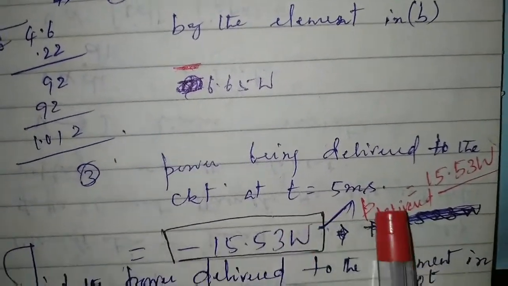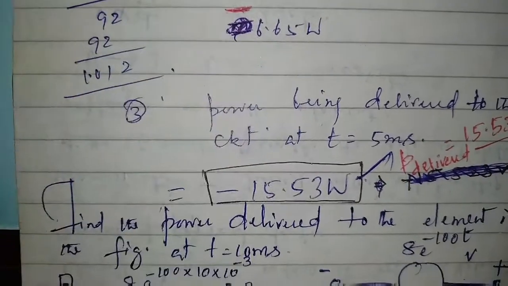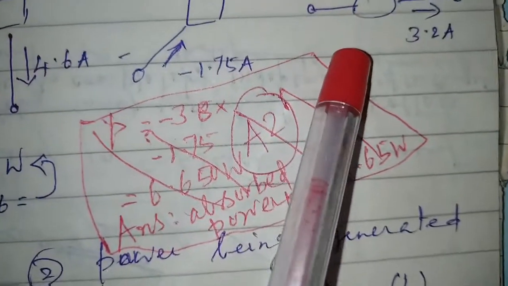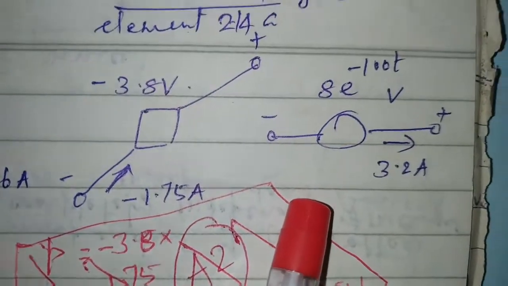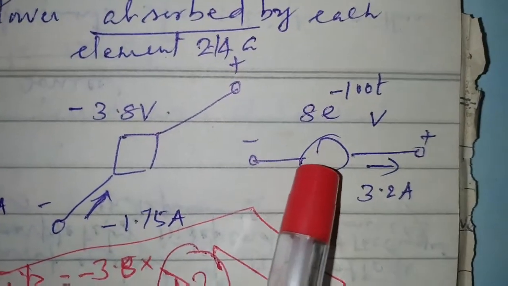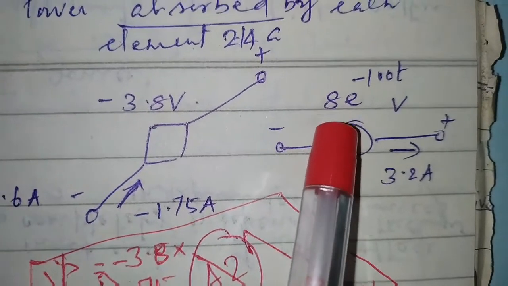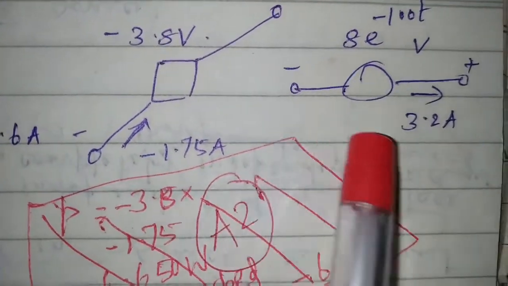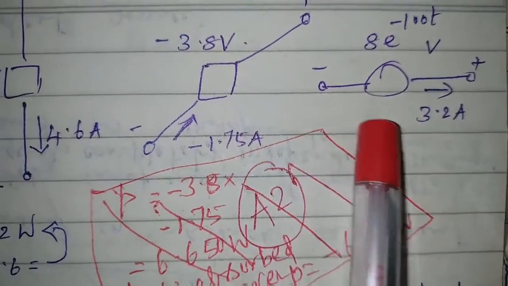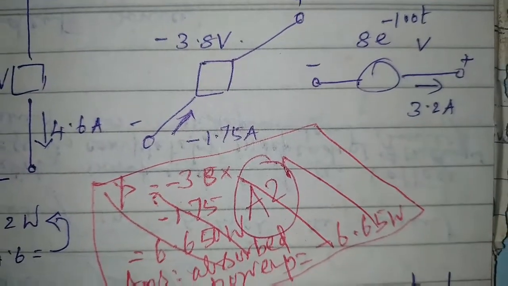Why this is needed? See here, the voltage sitting across this element is 8 e power minus 100 t, exponential function, this many volts. And the current entering through the negative terminal is 3.2 amperes.